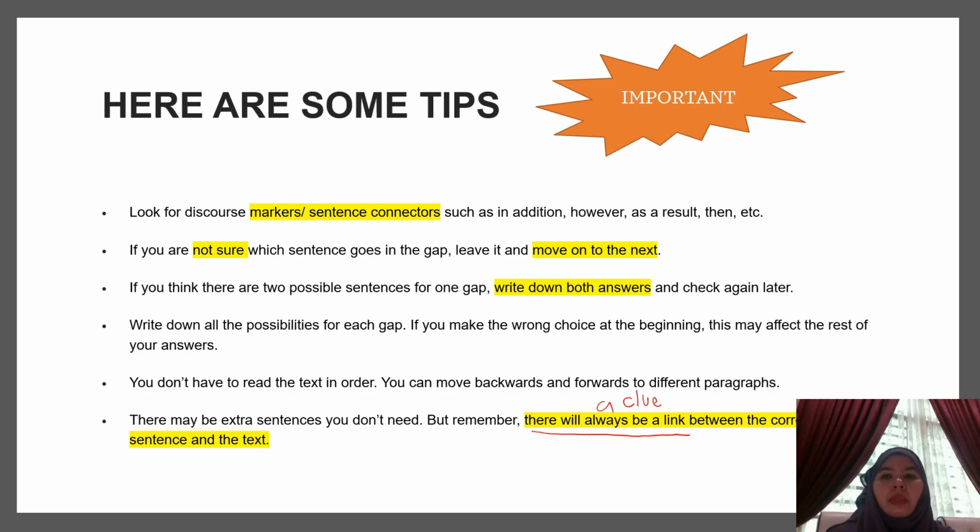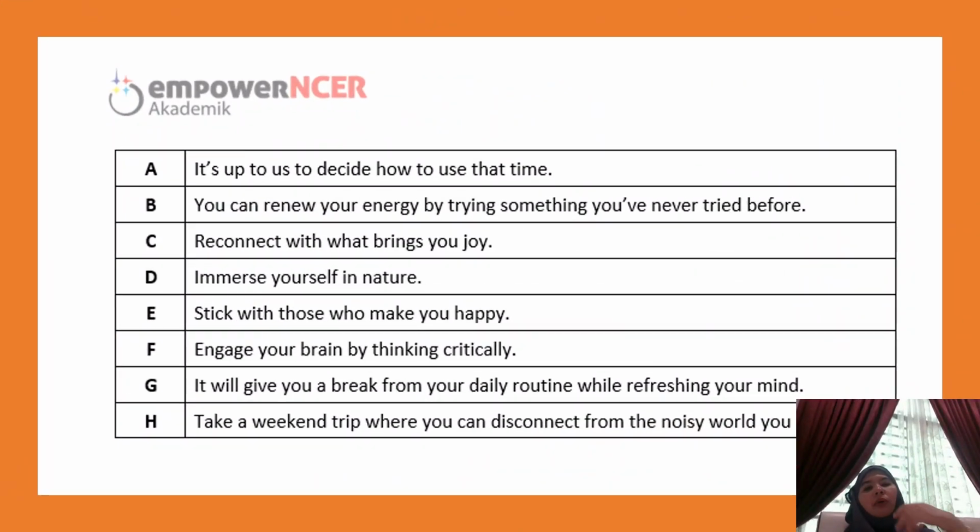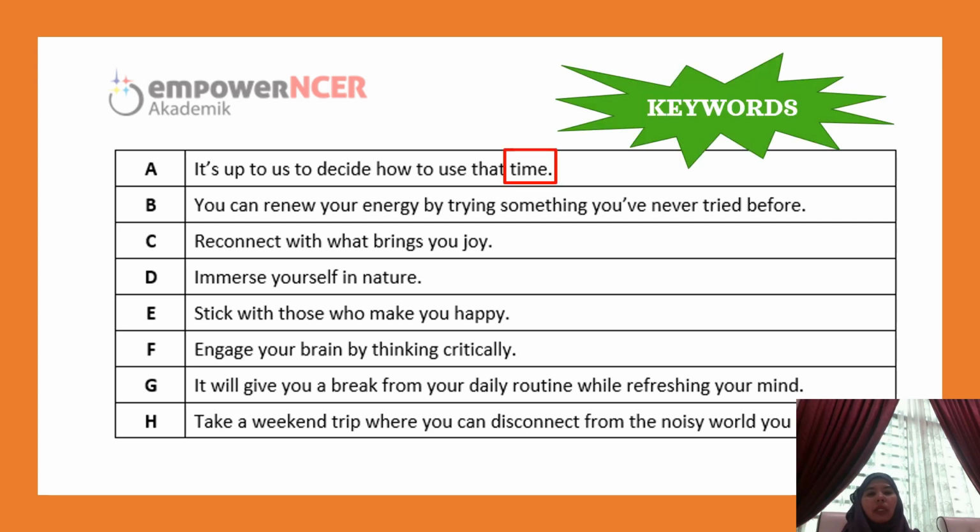Here are our options, the 8 options that I have told you just now. What you can do is, we will read first the sentences and we will look for the keywords. Okay, the first keyword, let's look at option A. It's up to us to decide how to use that time.